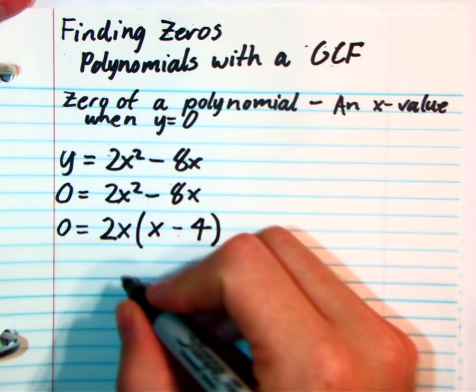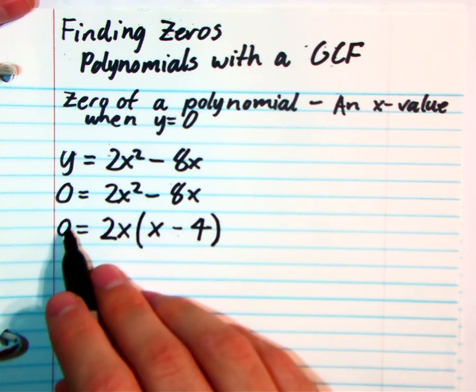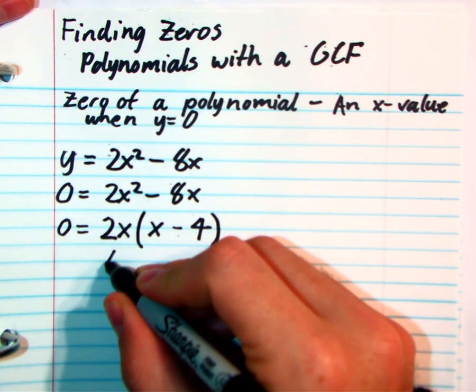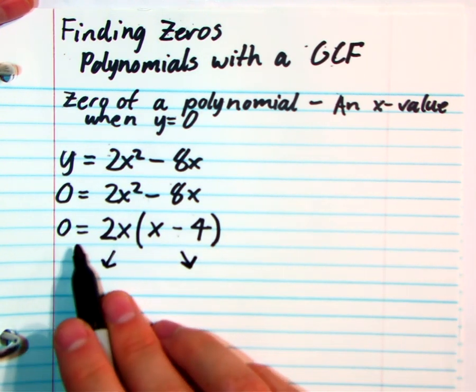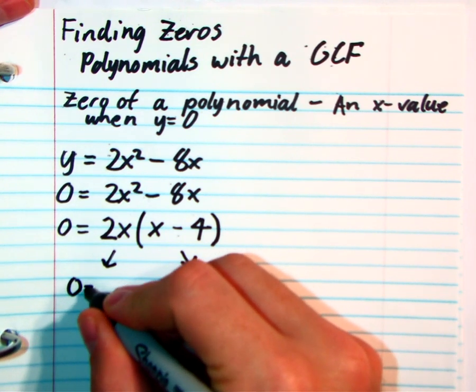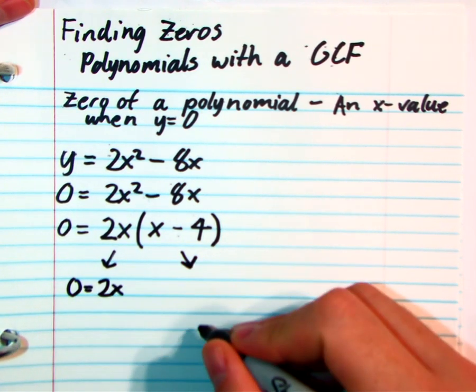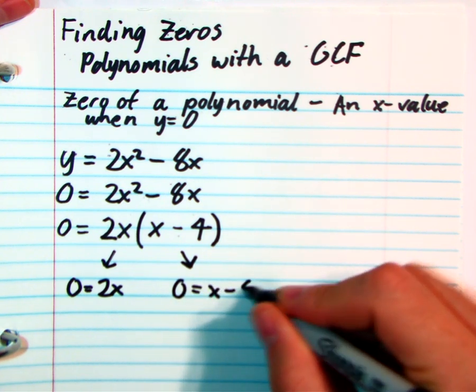Okay, so now that I've factored, I have two things multiplied together equaling 0, which means either one or the other has to equal 0, and the equation is still true. So that means I can set both my factors equal to 0, and then I can just solve for x on both sides.